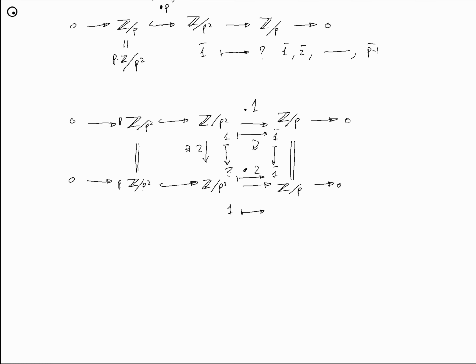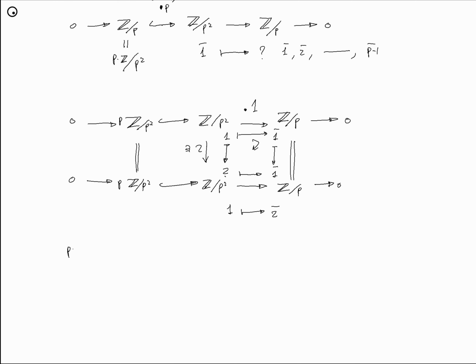Because here 1 is mapped to 2. Yes, who is mapped to 1? As I said, this will be surjective. Let me just take a precise example.